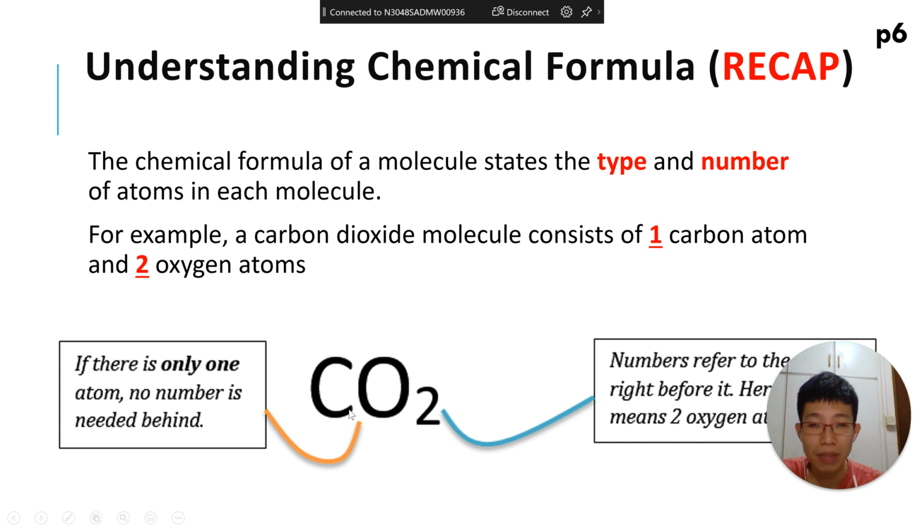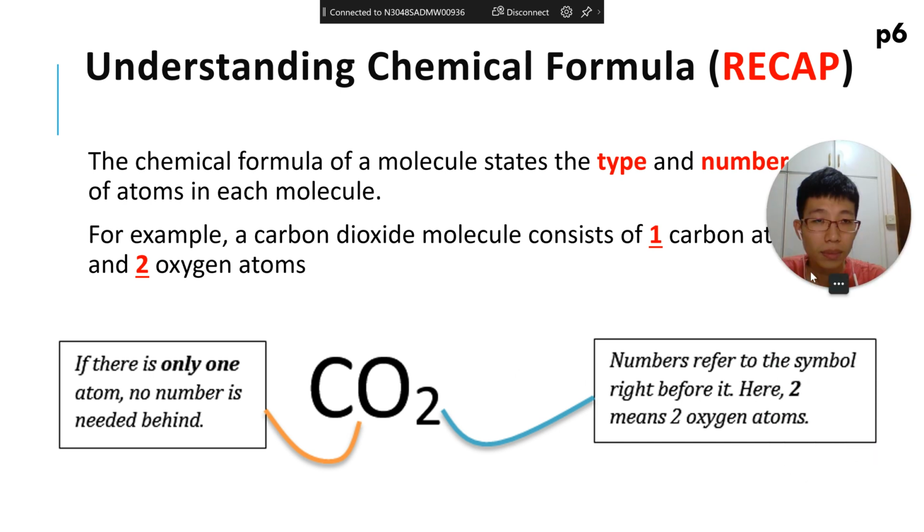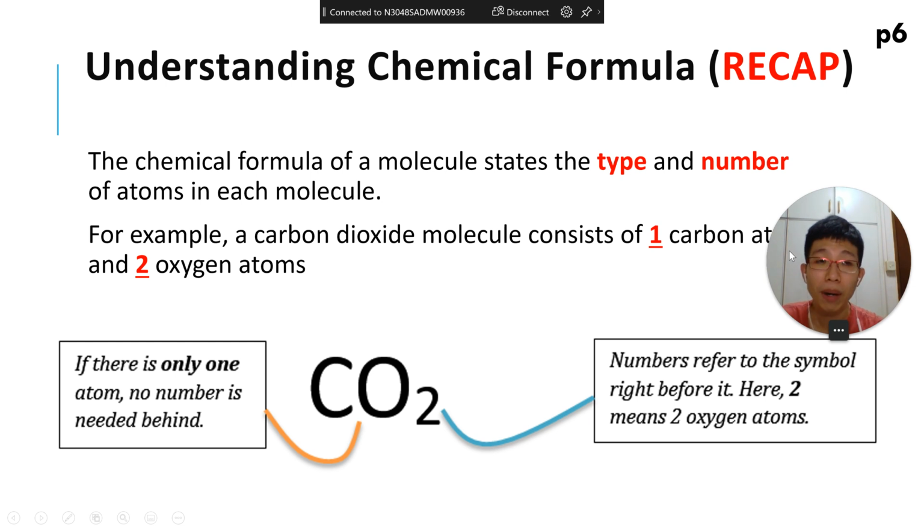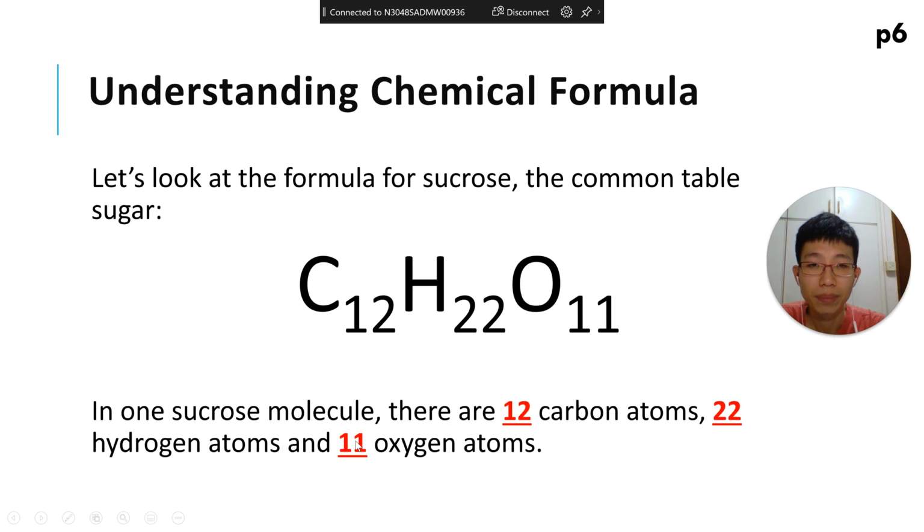No number means it has 1 atom. So 1 atom, 2 atoms, there's a total of 3 atoms. This is how you identify the number of atoms for each element. The number 2 here represents 2 oxygen atoms, and no number represents 1 carbon atom.